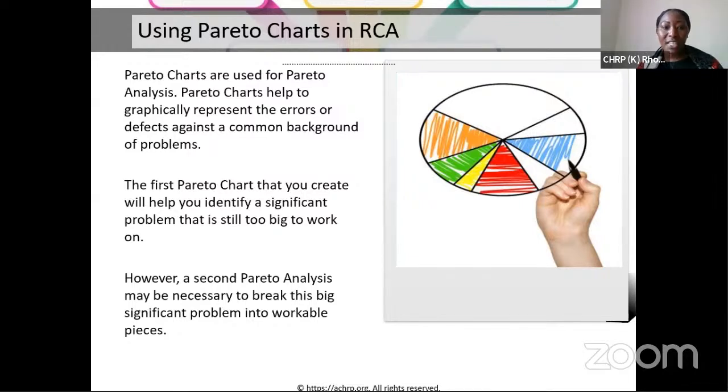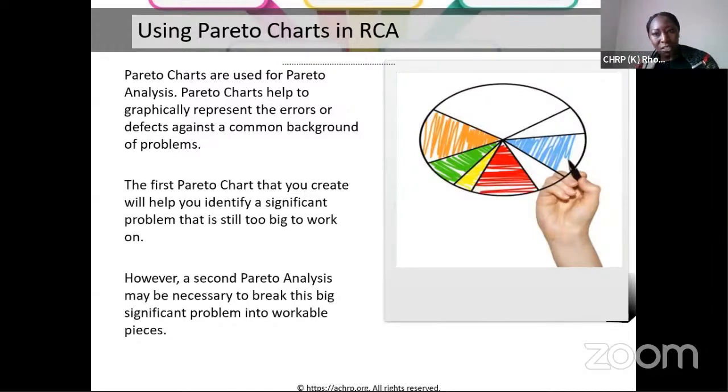We say the first Pareto chart that you create will help you identify a significant problem that is still too big to work on. And how this normally works, once you come up with the original chart, and you have been able to resolve most of the problems, now the remnant, or what has remained, you can still classify them and still draw further charts and flows, because now the factors and the weight will keep on changing.